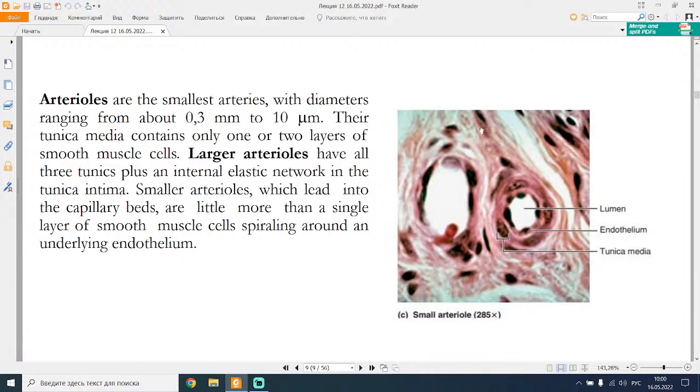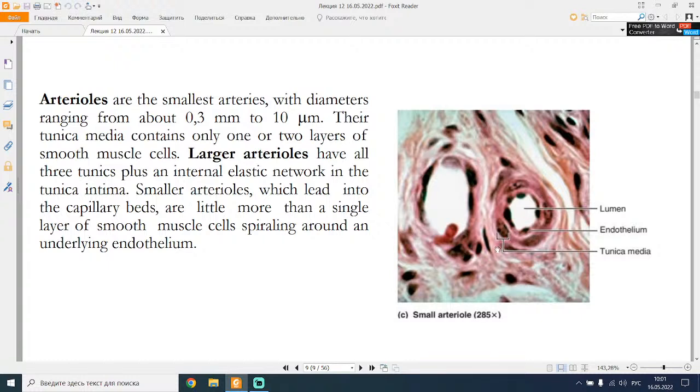Arterioles are the smallest arteries with diameters ranging from about 0.3 millimeter to 10 micrometers. Their tunica media contains only 1-2 layers of smooth muscle cells. Larger arterioles have all three tunics plus an internal elastic network in the tunica intima.